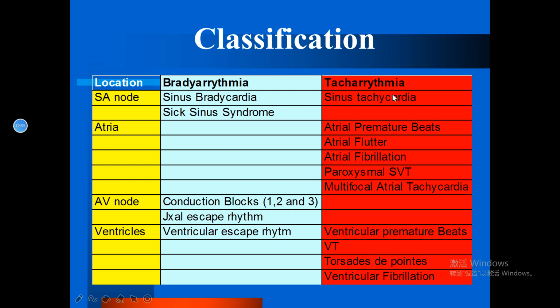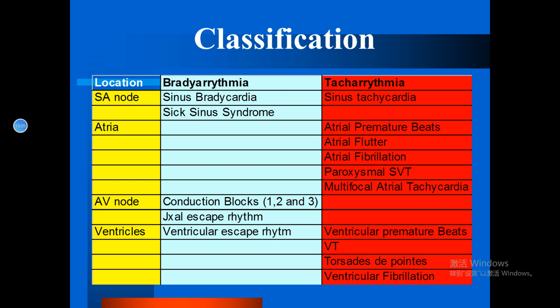And if the tachycardia comes from the sinus node, what should we call this arrhythmia? We call it a sinus tachycardia, right? And if the sinus node is completely destroyed for some reason, for example, by some toxic drugs, it would produce which disease? It will produce sick sinus syndrome, which includes many bradycardia ECGs or many tachycardia ECGs.